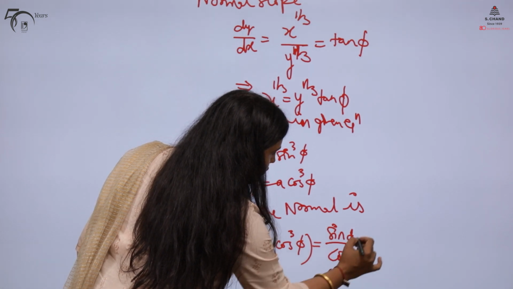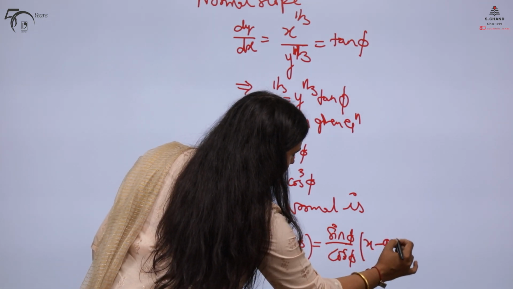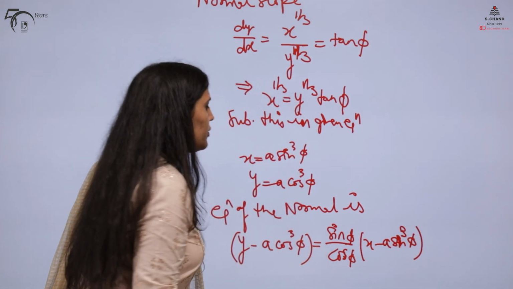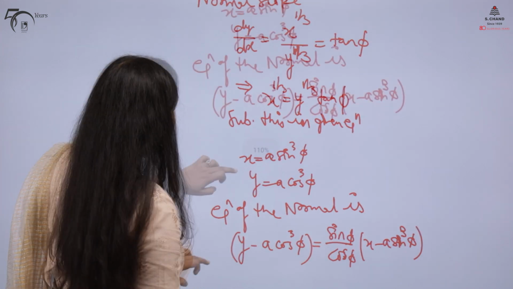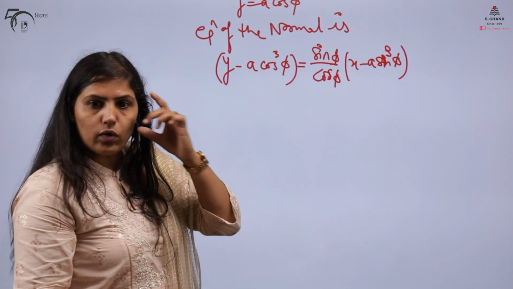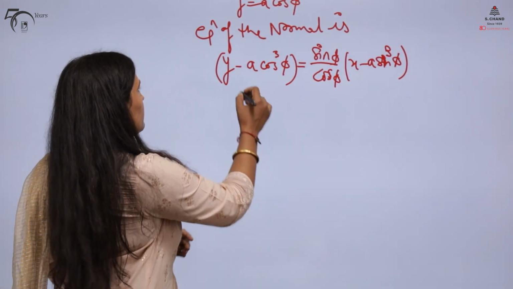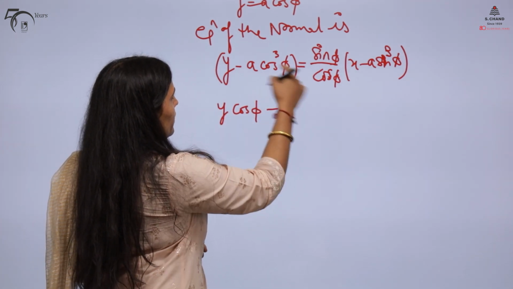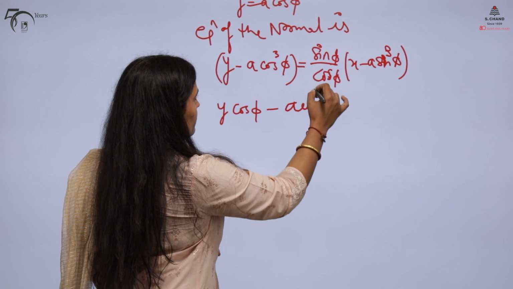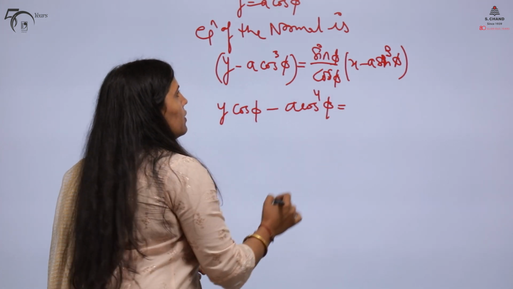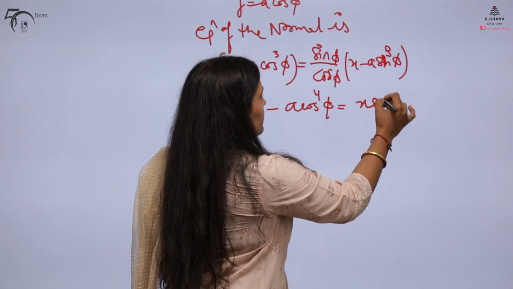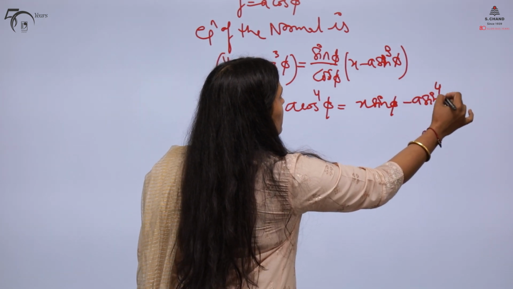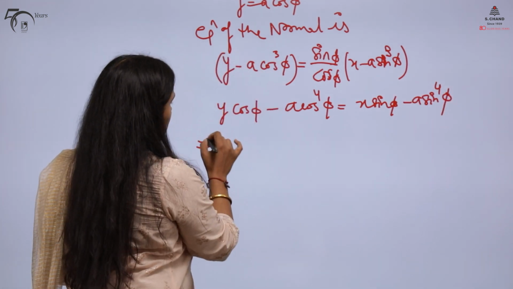Better you write it in this form, and x minus a sin cubed phi. Just simplify it and you will get the answer. So, y minus a cos cubed phi, just multiply, it will give you y cos phi, and multiplication gives x sin phi minus a sin 4 phi. Only 2 steps to go.